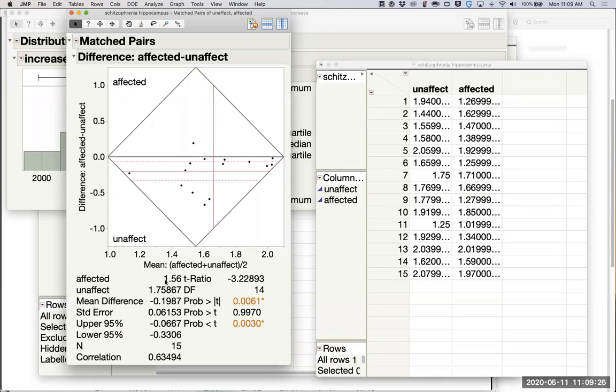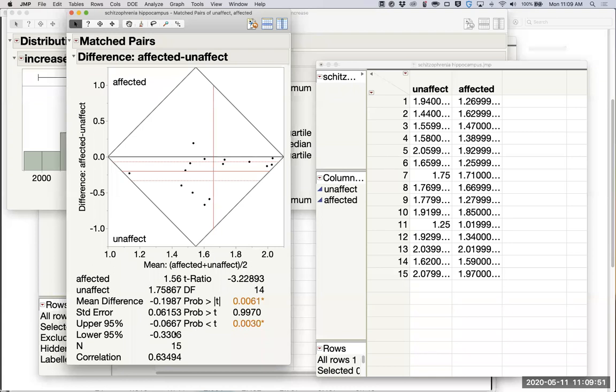In other words, the brother who is unaffected by schizophrenia has a hippocampus volume that's 0.07 to 0.33 larger than the brother with the disease. The larger hippocampus volume is going with the brother without the illness.